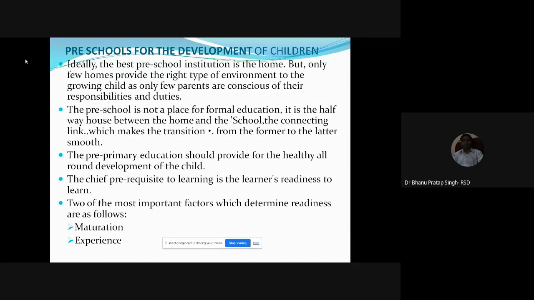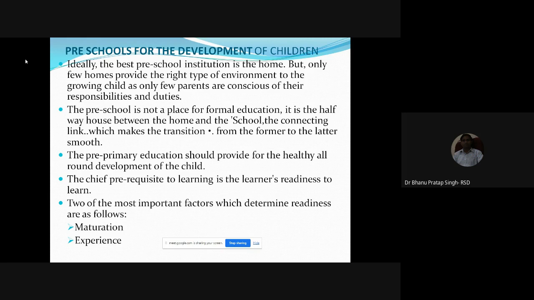The parents are not literate, not conscious, and not able to understand the quality. They may not be too responsible about the duties and the role of education and the importance of education.